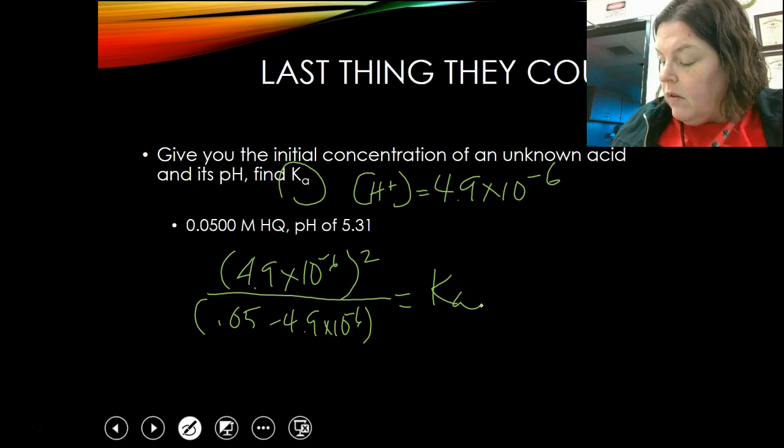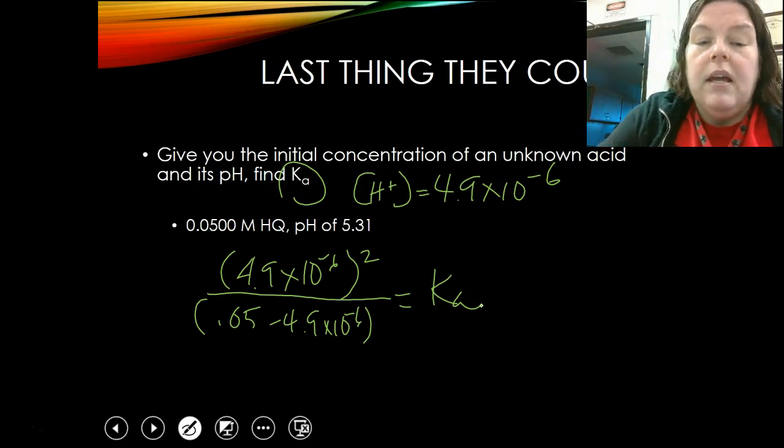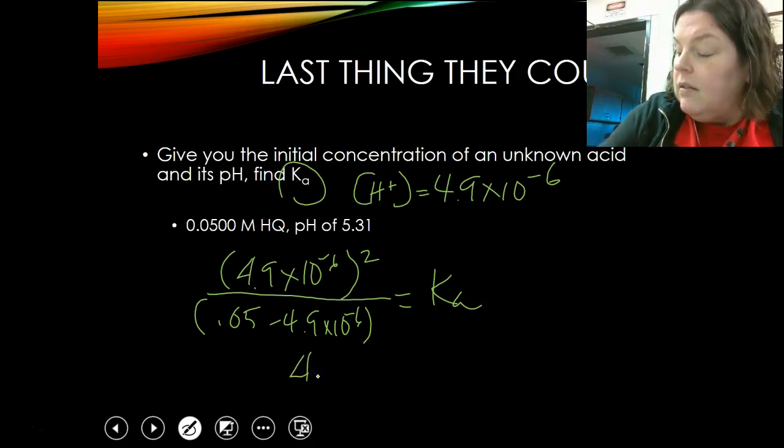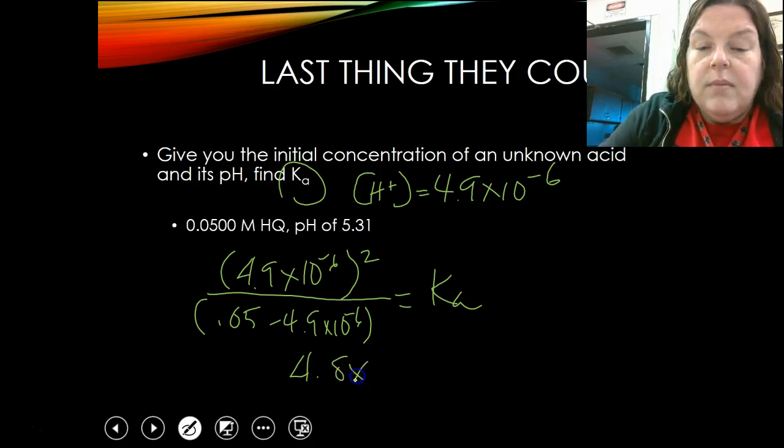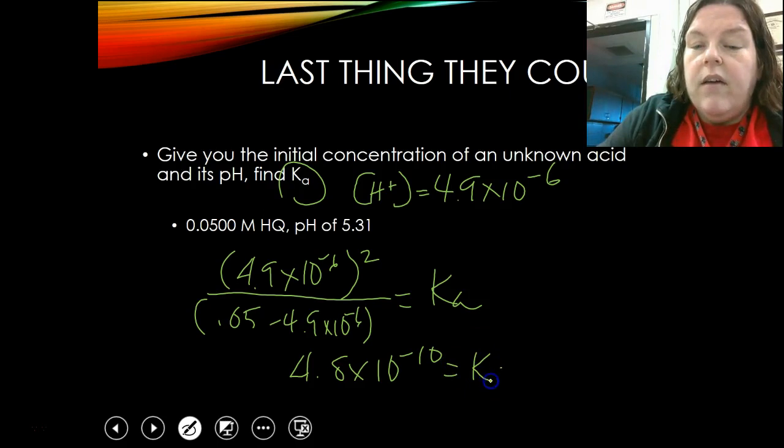That gives me that number, and then I'm going to divide it by 0.05 minus 4.9 times 10 to the negative 6th. I'm doing this calculation again because I did it wrong the first time. So what I get here for my Ka is 4.8 times 10 to the negative 10th. And that is my Ka value.